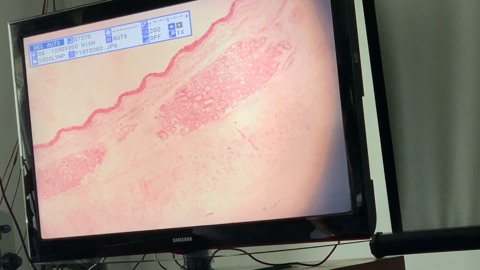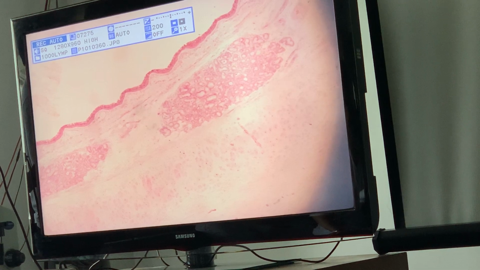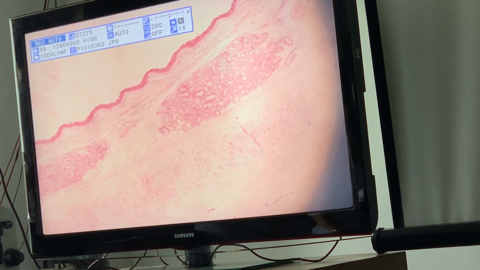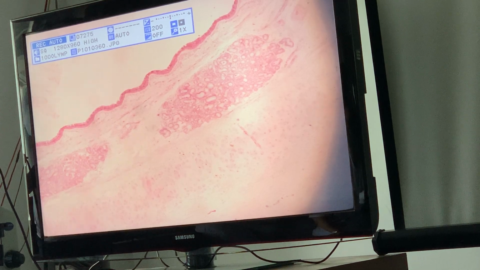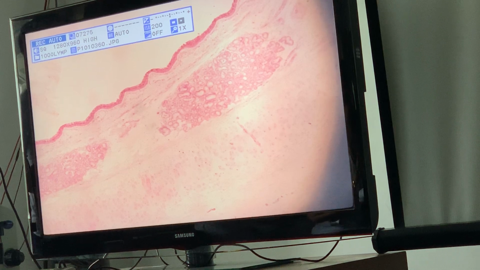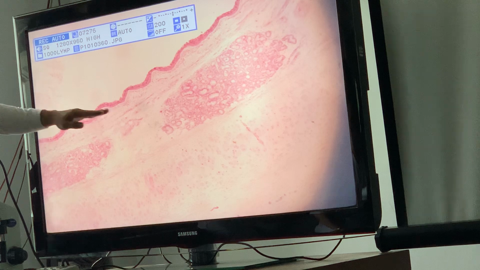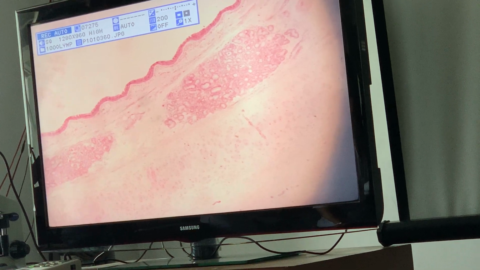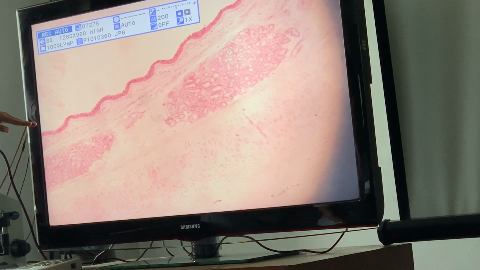If you don't know what the basement membrane is by the time you become second year, that's bad, right? So you really have to know this is the basement membrane. Epithelium, basement membrane, lamina propria. Next is connective tissue, which consists of the submucosa, which has the glands.